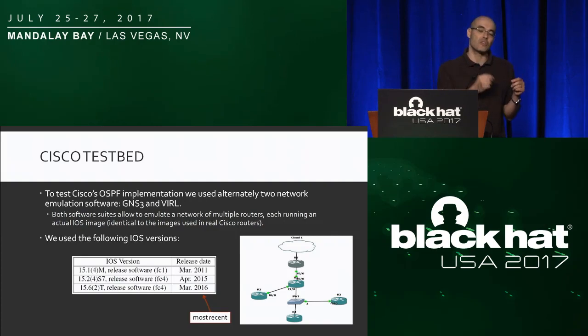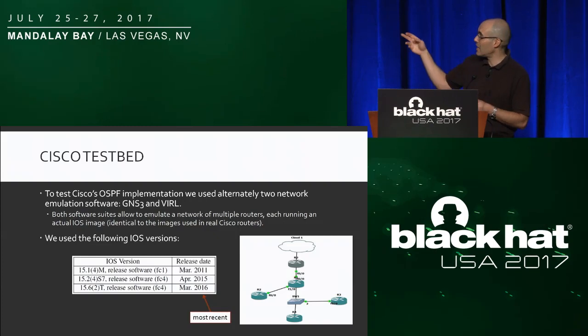This is the actual software run on those routers. We used 3 different images of Cisco. The bottom one is the most recent, most up-to-date image we had at the time of our research a few months ago.